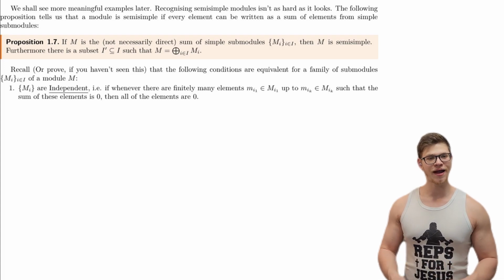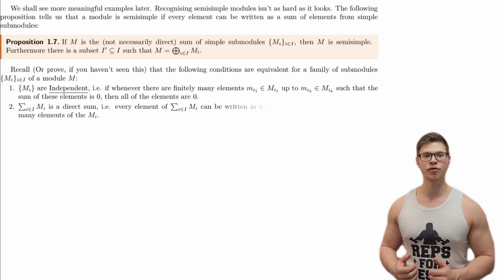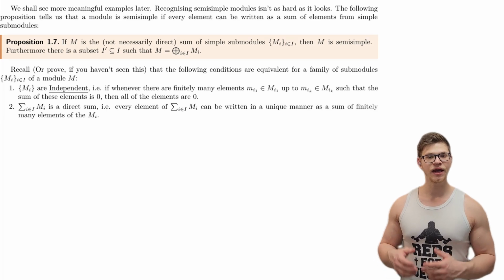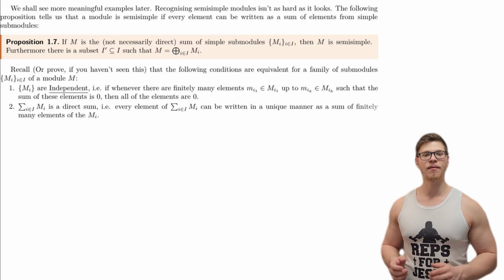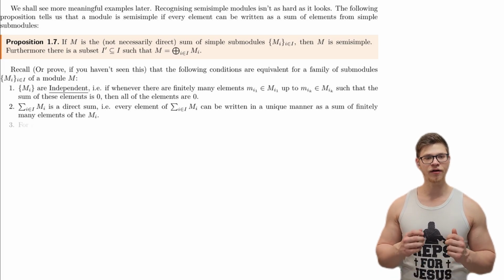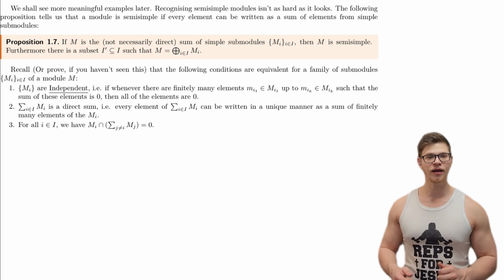The second is that the sum of the M_i is a direct sum, i.e. every element of it can be written in a unique manner as a sum of finitely many elements from the M_i. And the third is that for every i in capital I, we have that M_i intersect with the sum of the rest of the submodules is 0.